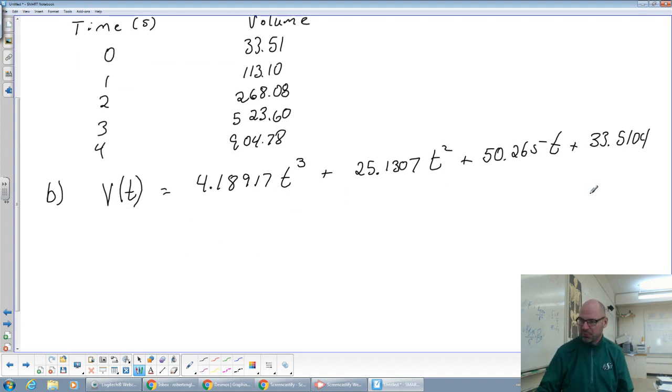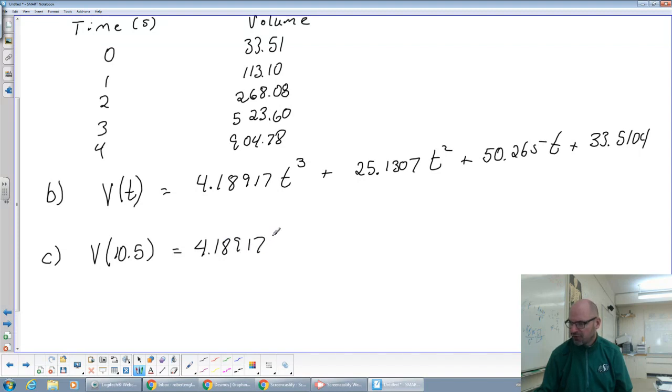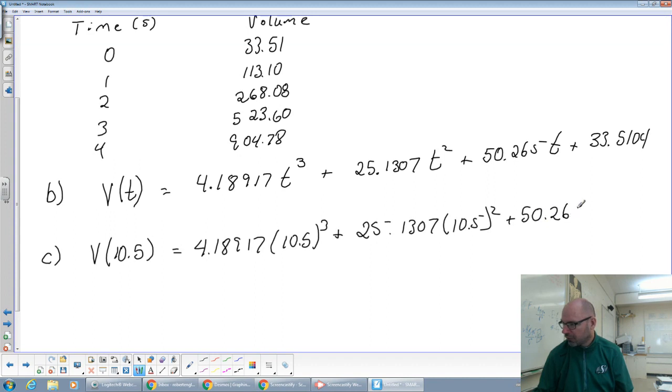The graph that we drew wasn't big enough to extrapolate, so we could figure out what it would be at 10.5 seconds: 4.18917 times 10.5 cubed plus 25.1307 times 10.5 squared plus 50.2565 times 10.5 plus 33.5104.